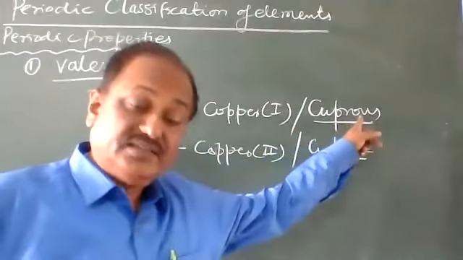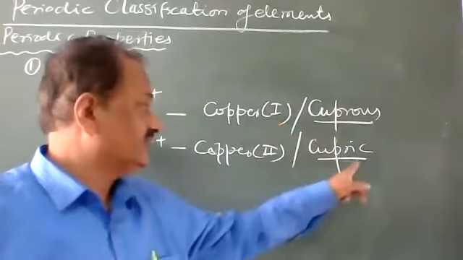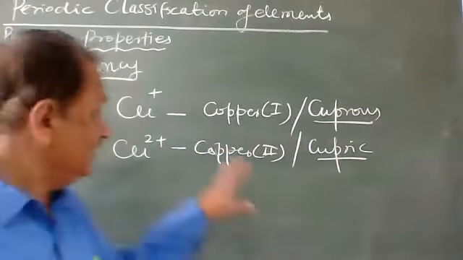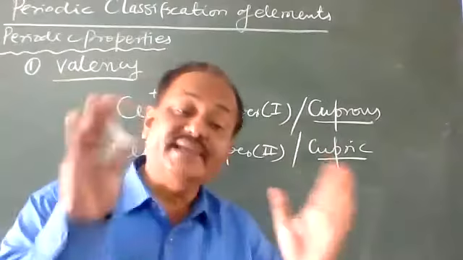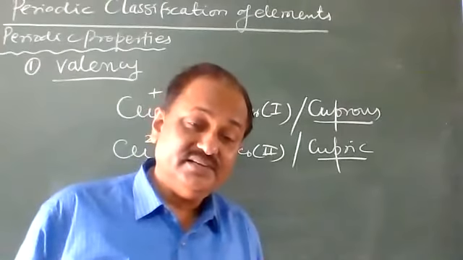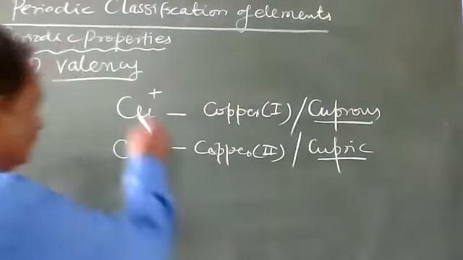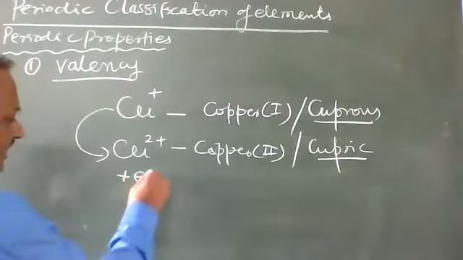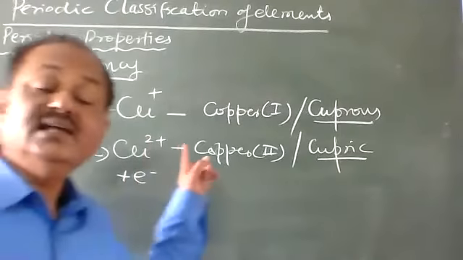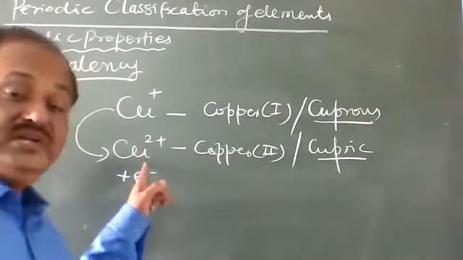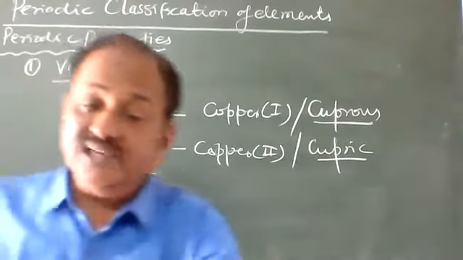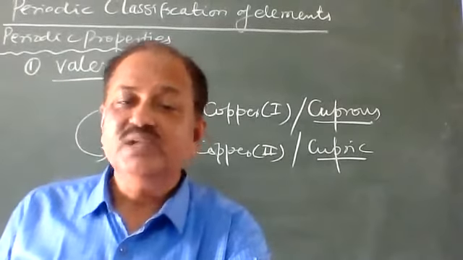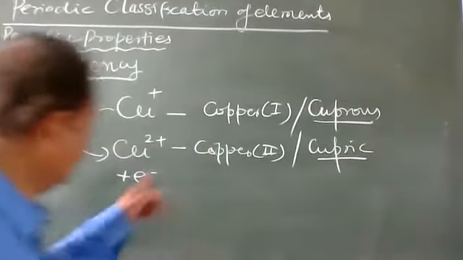The suffix 'ous' means less, the suffix 'ic' means more. Actually, it is also a game of acquiring stability. Copper 1 acquires copper 2 by the loss of an electron. So copper 1 is less stable, copper 2 is more stable. They acquire stability by the loss of electron.